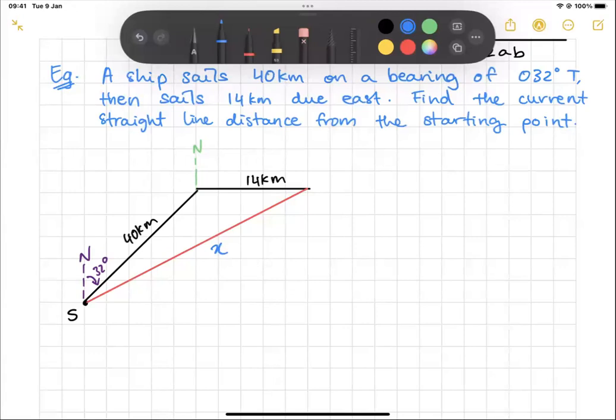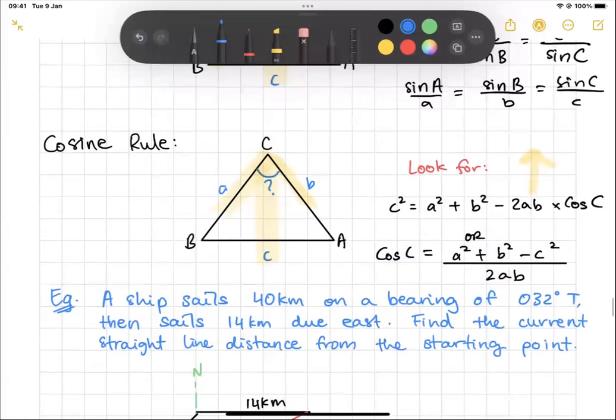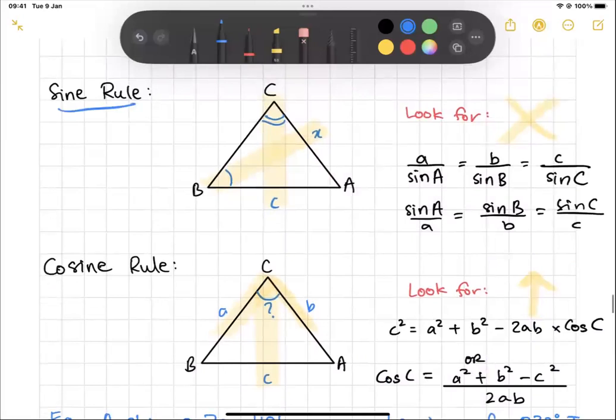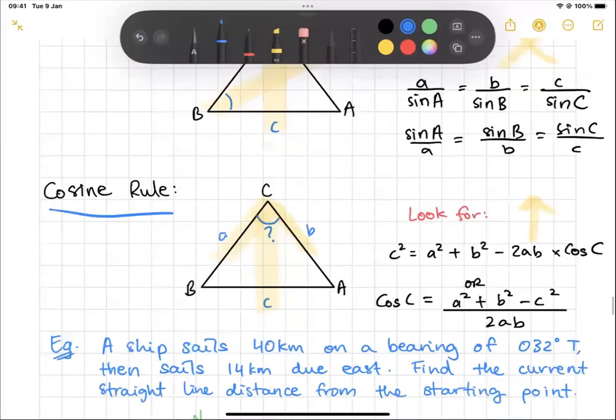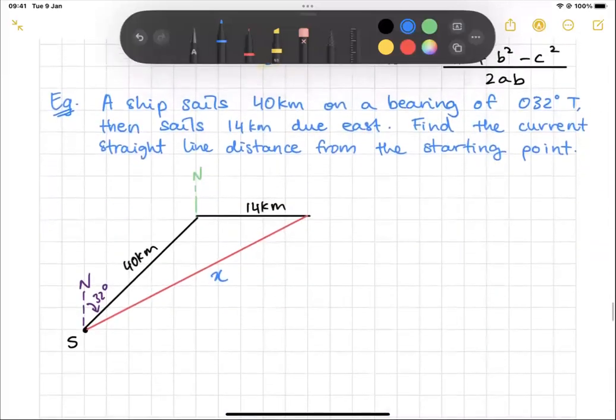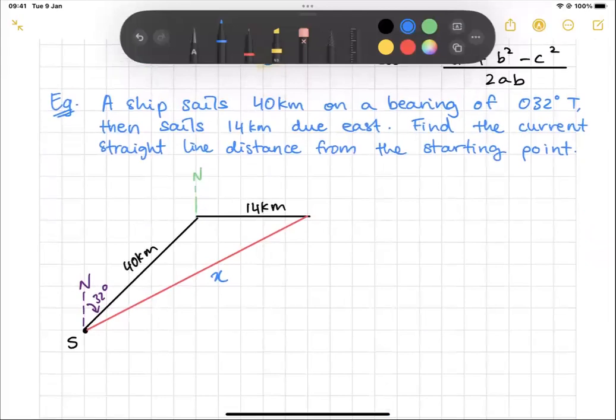So that's out of the picture. Then it doesn't look like an area of a triangle because that's not what the question is asking. It can be either sine rule or cosine rule. Sine rule, I need to find a cross. Here, it kind of doesn't seem like a cross, but we'll see.